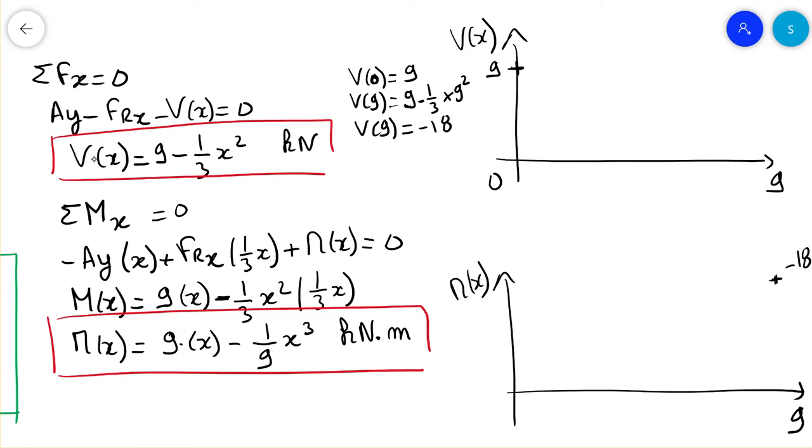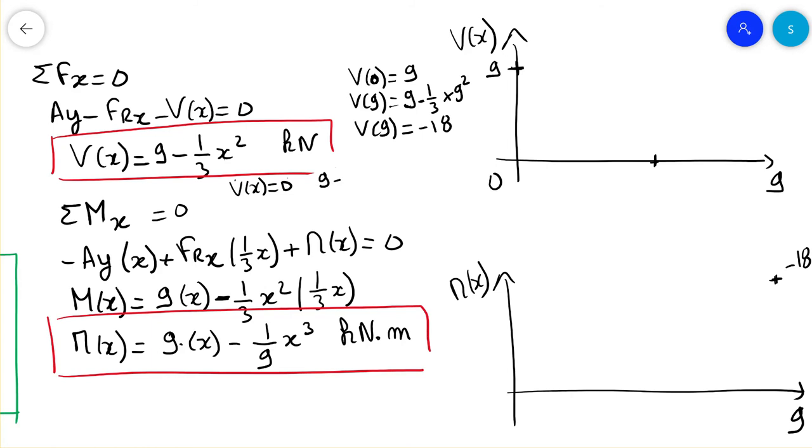What you can find is where it's equal to 0. So where is it crossing the x-axis? For that, you need to take the derivative, V prime of x, that is equal to minus 2/3 of x. No, you should not do that. You should solve, sorry, for V of x equal to 0.